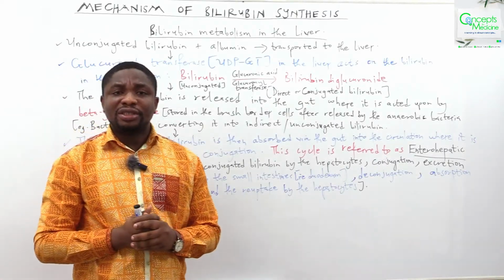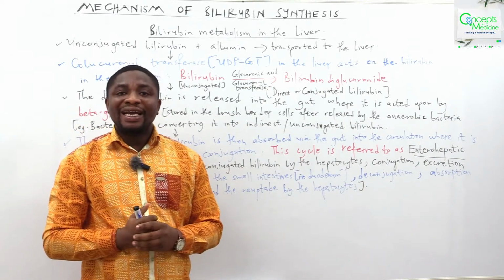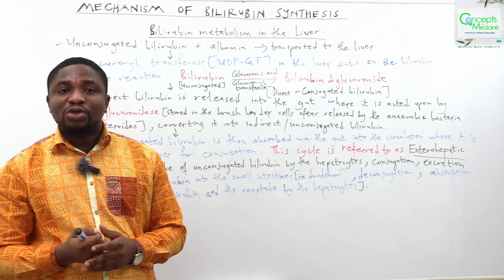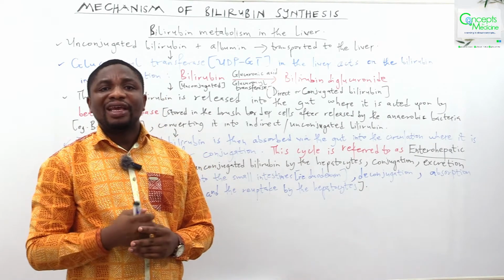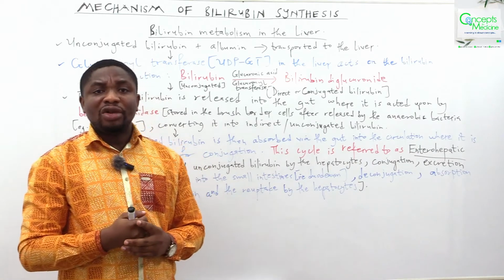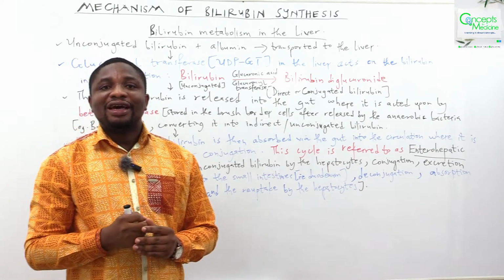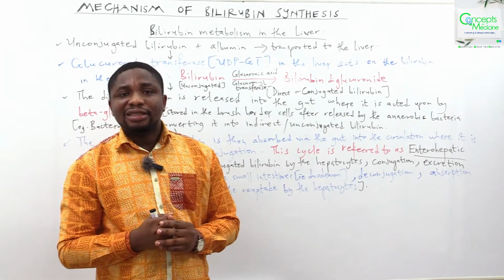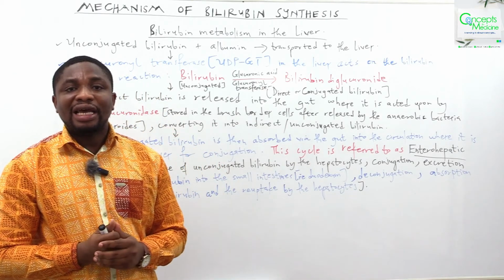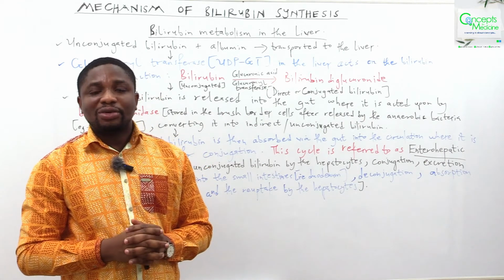It refers to the uptake of unconjugated bilirubin by the hepatocytes, the conjugation of this unconjugated bilirubin to give conjugated bilirubin, the excretion of the conjugated bilirubin into the gut, the deconjugation of the conjugated bilirubin, the absorption of the unconjugated bilirubin via the gut, and the reuptake of the unconjugated bilirubin by the hepatocytes. That is what we refer to as the enterohepatic circulation.